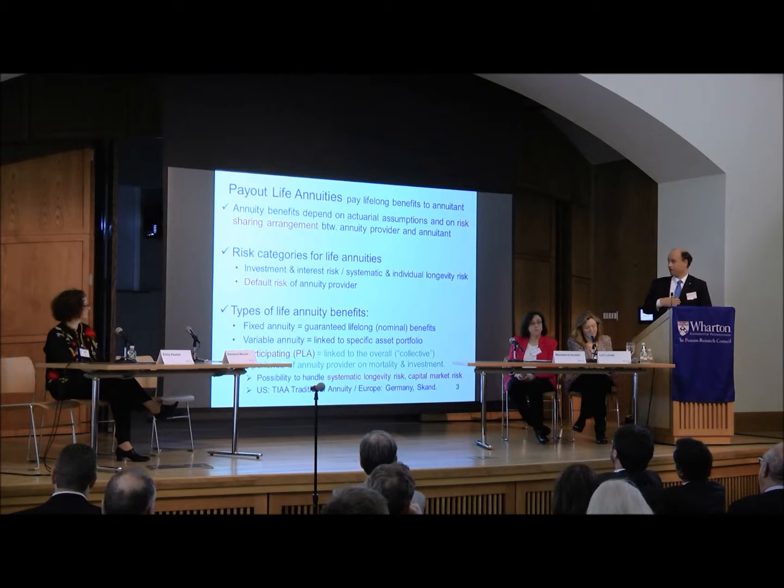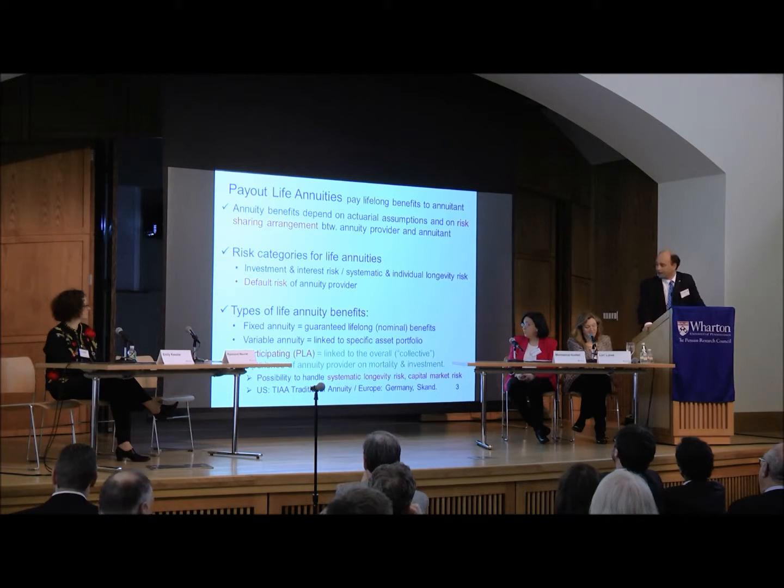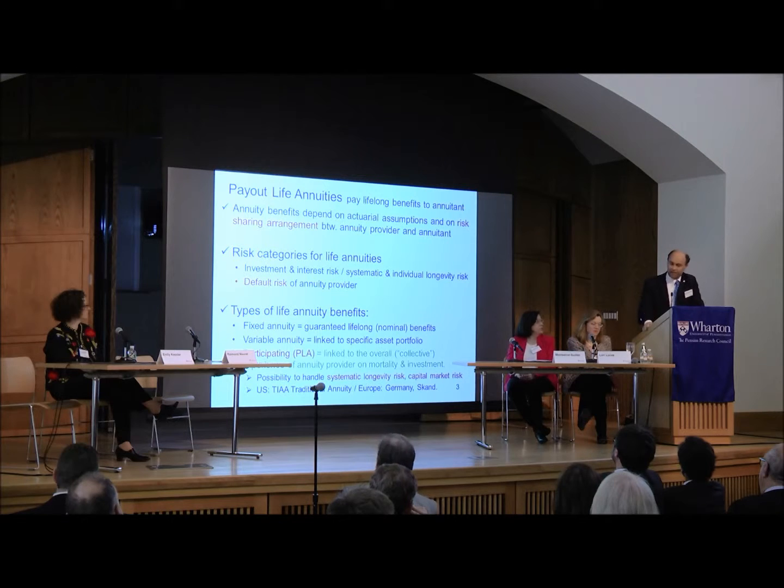I'm talking now about the participating life annuity. The participating life annuity links the benefit to the overall, let's call it the collective experience of the annuity provider on mortality and investment. So there is a big pool, and the annuity provider gives benefits depending on his overall experience on that.